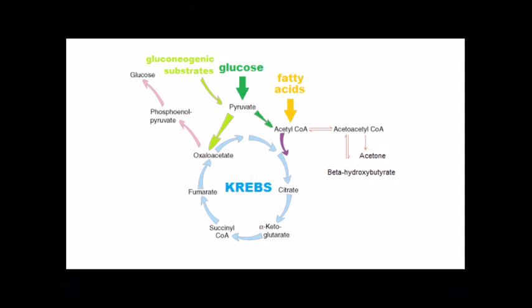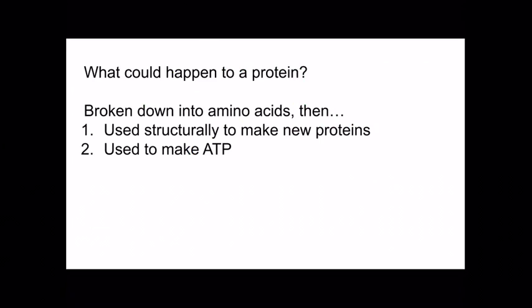Ketones can themselves be used as fuel sources as well. Not all cells can do this. Brain cells, heart cells, and kidney cells can take ketones and feed them into the Krebs cycle and use them to make ATP. So that's an additional fuel source that we can get from triglycerides. They are a fabulous source of ATP for us.